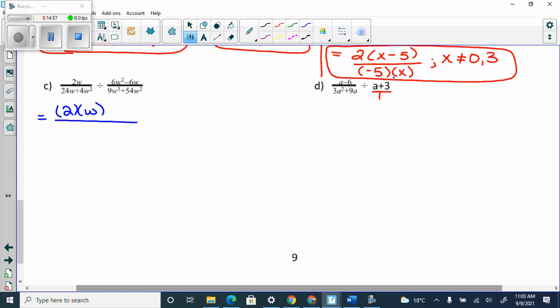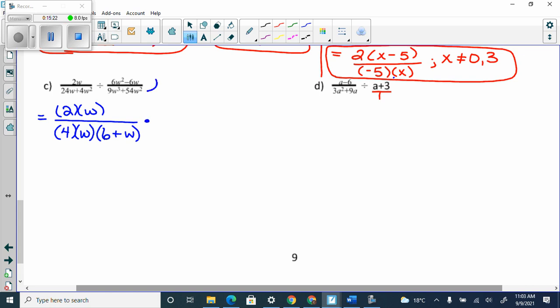Over 24W plus 4W squared, I can take out a 4 and a W. 24W, take out 4W is 6, plus 4W squared, take out 4W is just left a W, right? 4 divided by 4 is 1. W squared, take out W is a W.